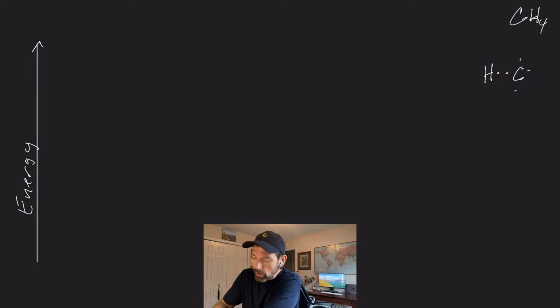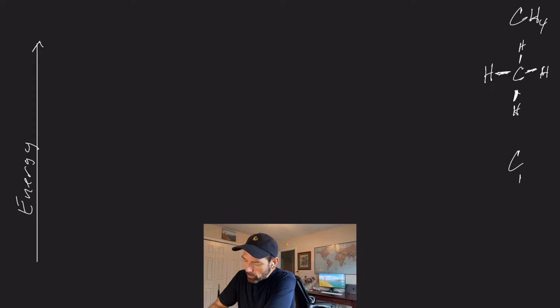And so we would get something that looks like this. So there's methane, and we know from our 3D VSEPR that we get something that looks a little bit like this.